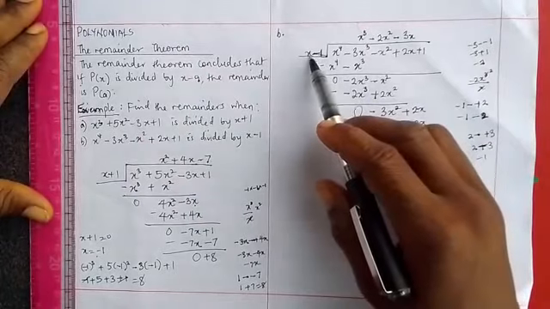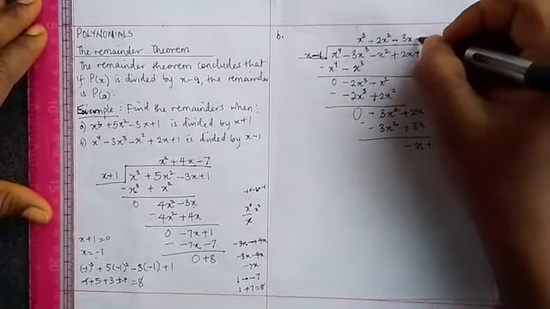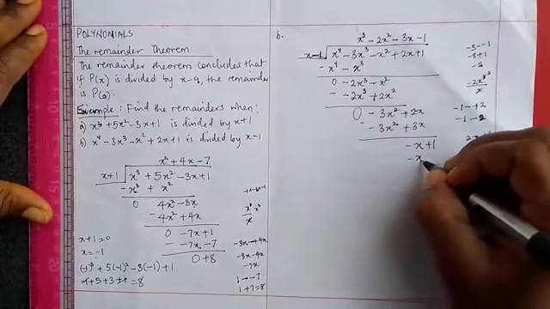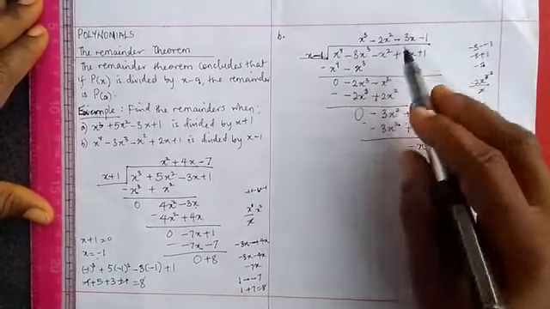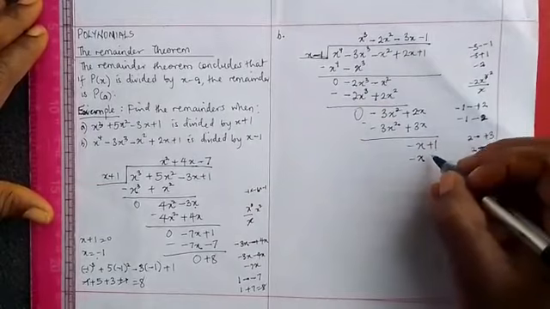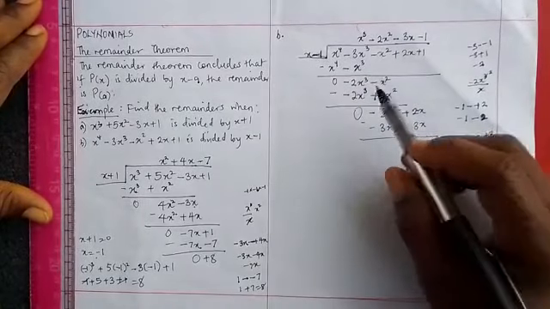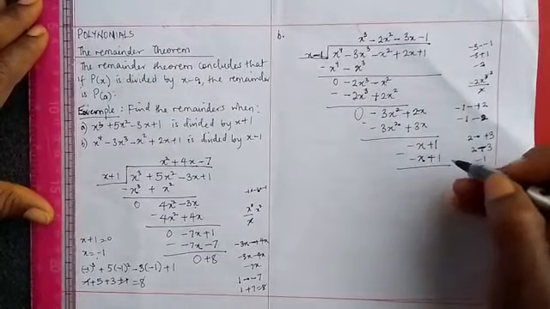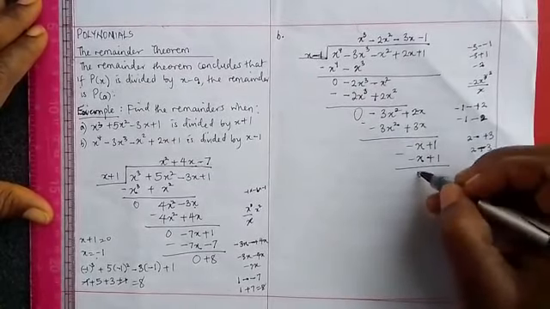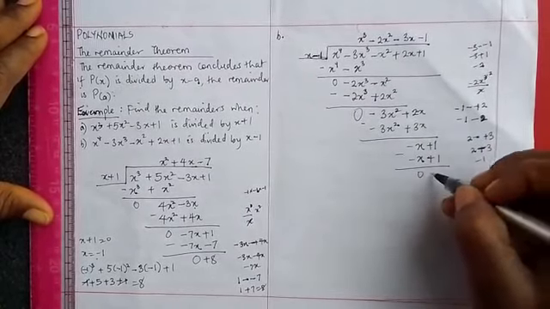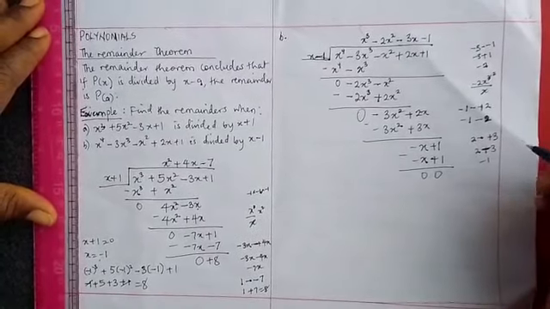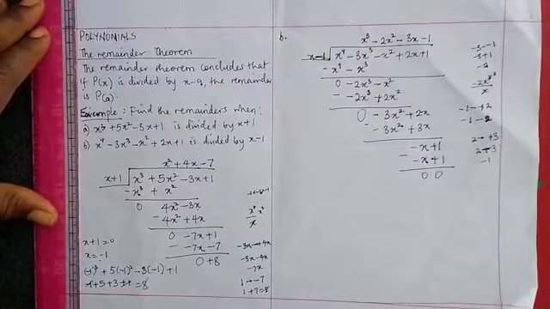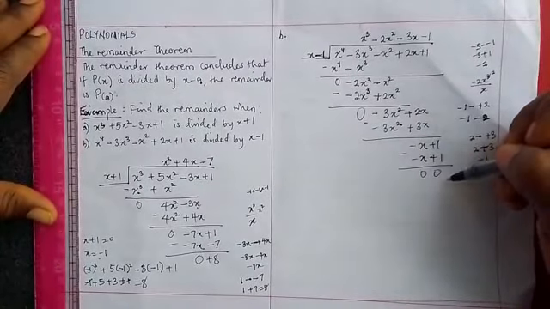Minus x divided by x is minus 1. Minus 1 times x is minus x. Minus times minus is plus. The 1 times 1 is 1. You subtract. So this is 0. 1 minus 1 gives us 0. So it then means that this one has no remainder.